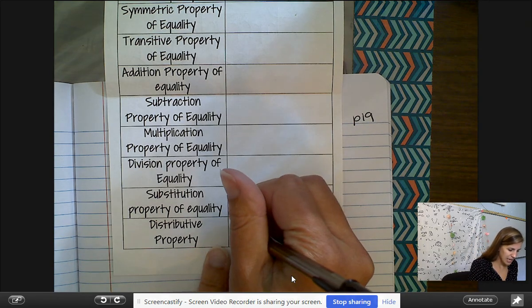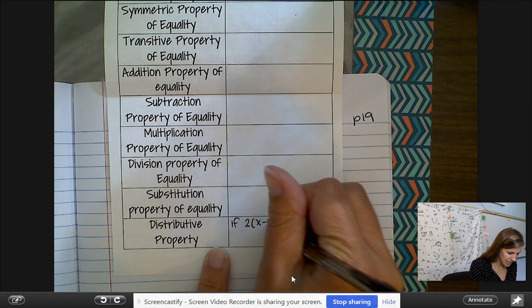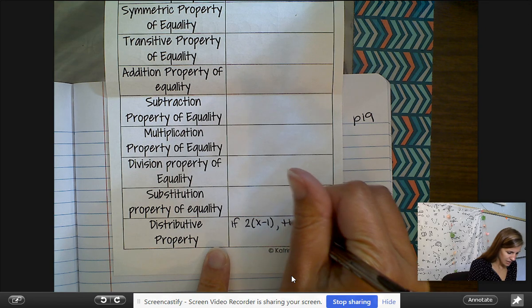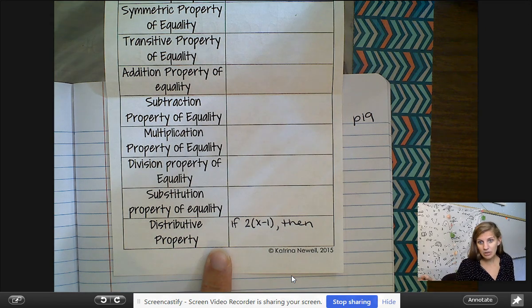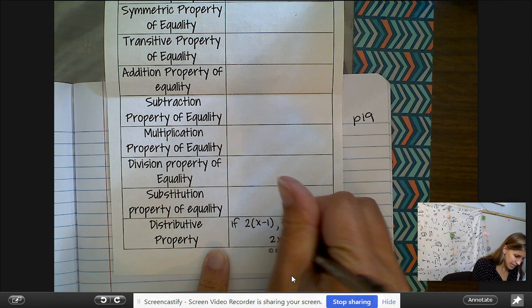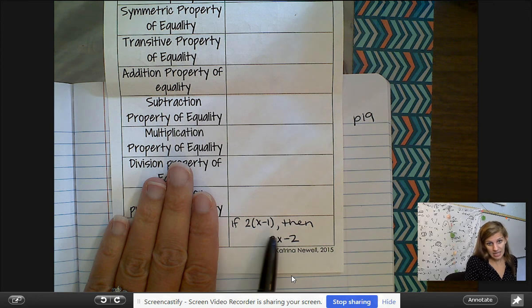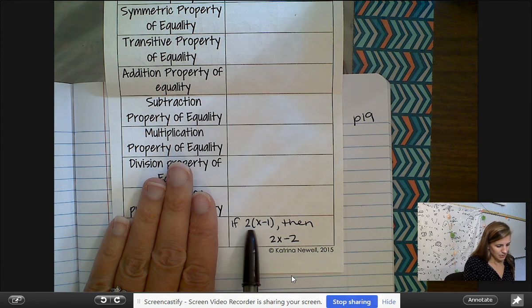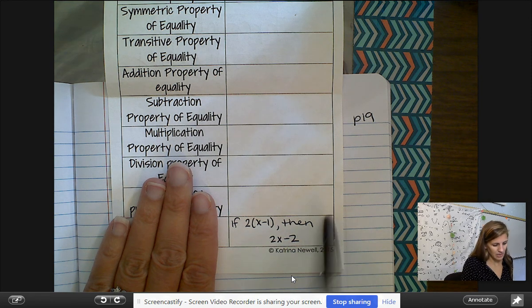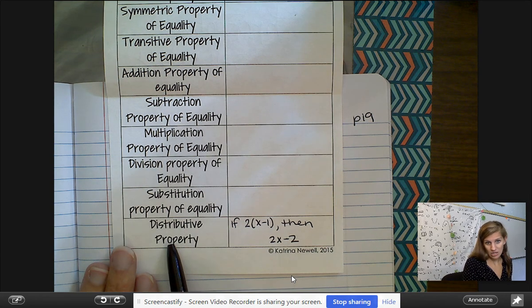And so if we have something like 2 parentheses x minus 1, then we know by the distributive property that we get 2x minus 2. So if we were to see 2(x minus 1) written down, then we can conclude that 2x minus 2 is our new statement. The reason that I am able to do this is because I understand the distributive property.